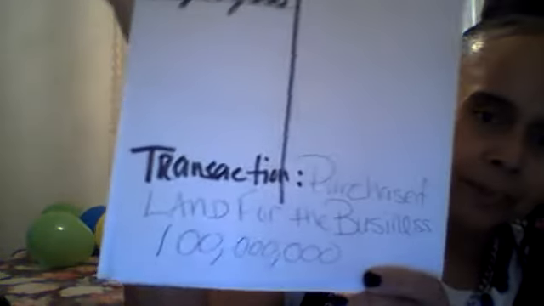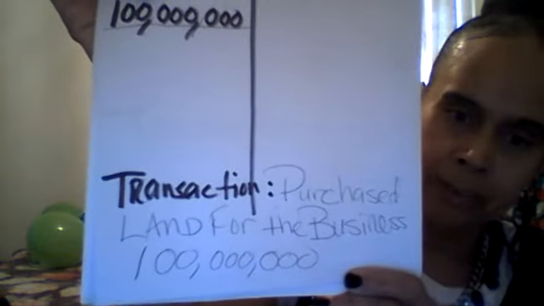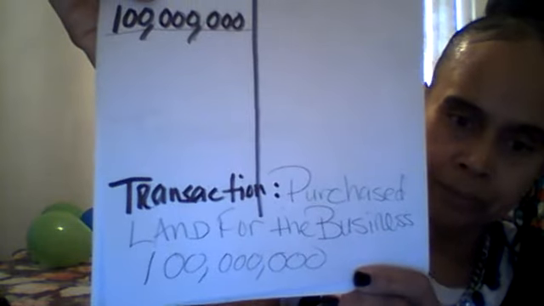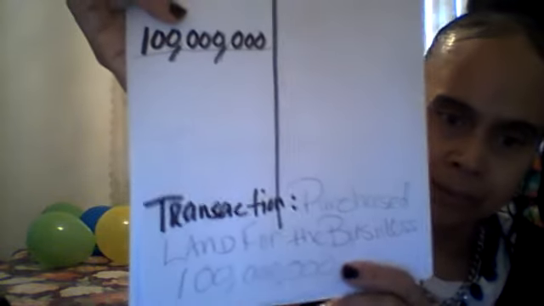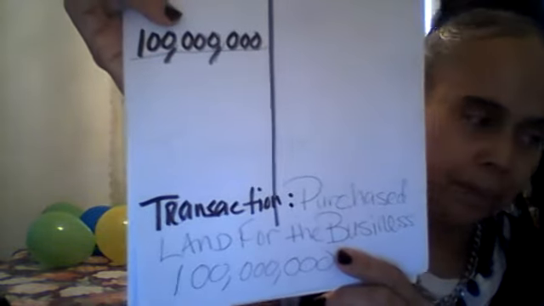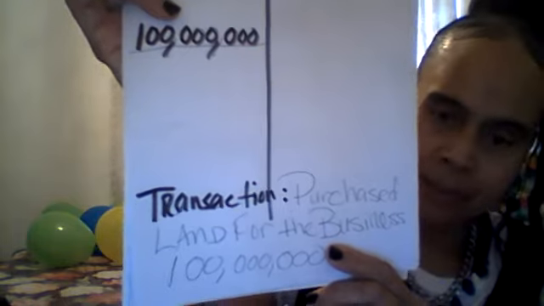And then say for instance, the owner decides to purchase some land. At the bottom of the transaction is a land purchase for 100 million. So this would be a different company because this is 100 million. But I'll just say this is Cheryl's CPA LLC.